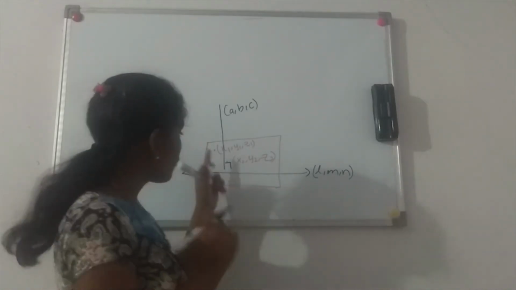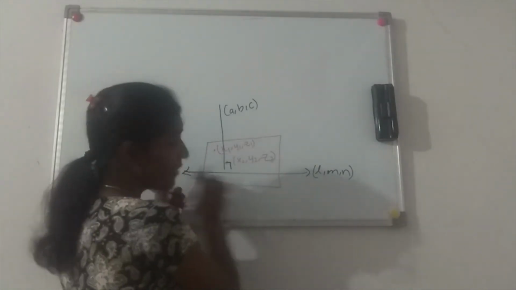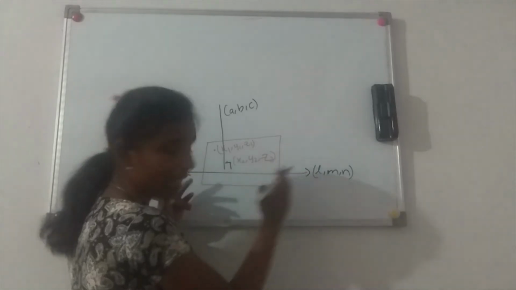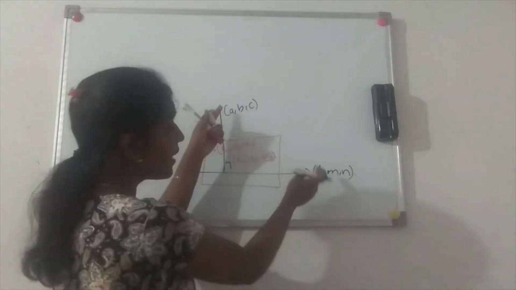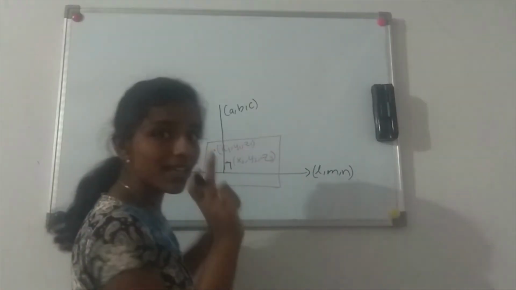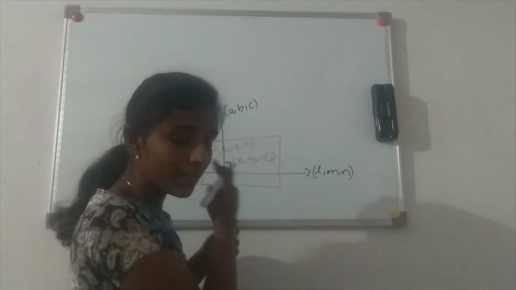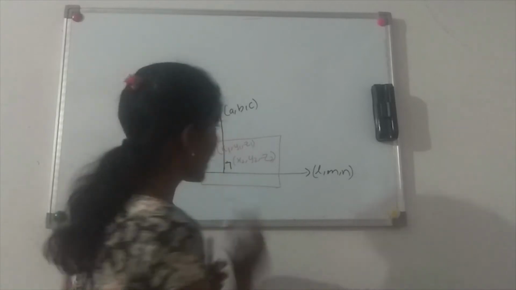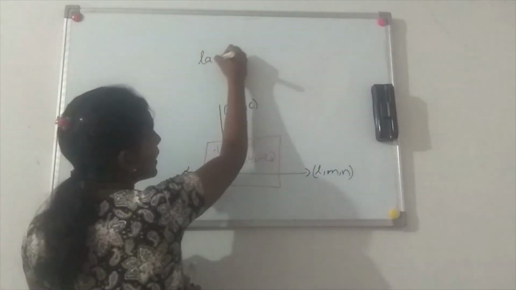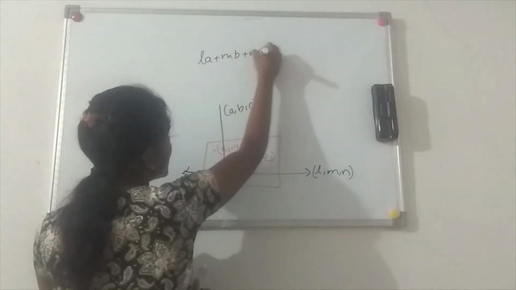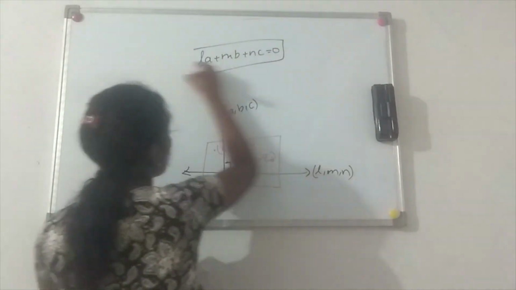Now if this is normal and the line is lying on the plane, these two lines will also be perpendicular, right? Then the dot product of these two will be 0. Okay. Have you remembered the previous concept I have told you? I am using that now. So that is LA plus MB plus NC is equals to 0.